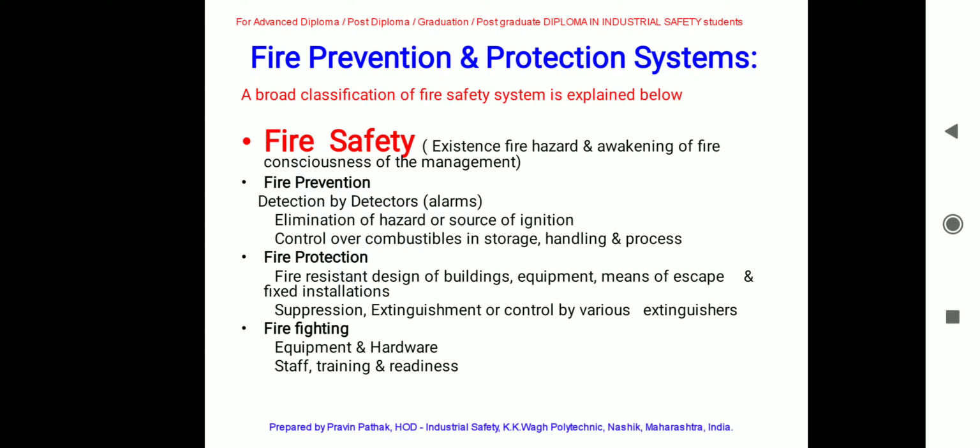In that, detection by detectors or elimination of hazards or sources of ignition, control over combustibles in storage, handling and process, etc. are covered. Then the third element is fire protection. So if you know the concepts related to fire, then you have to know about the fire prevention systems, detector systems, alarm systems.